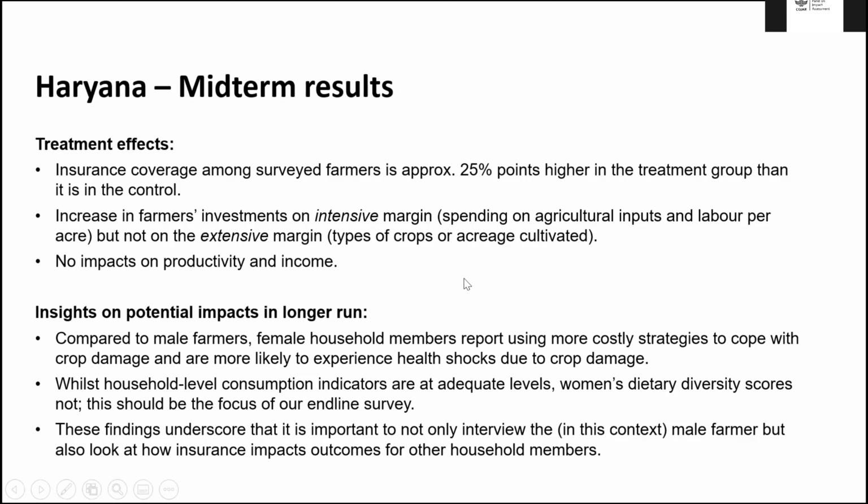So what we find at midline in terms of treatment effects, insurance coverage among surveyed farmers is higher in the treatment group than in the control, and quite a bit, 25 percentage points, from a base of around, I believe, 40%. So this is quite a substantial increase in insurance coverage, which we would expect, because in the treatment villages, farmers have had access to free insurance cover.